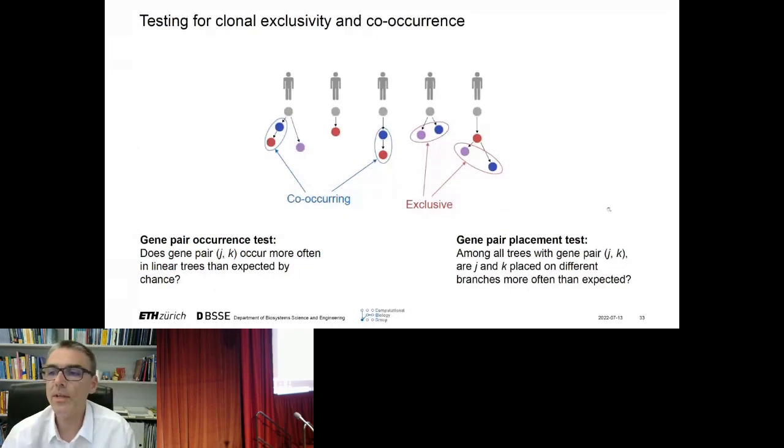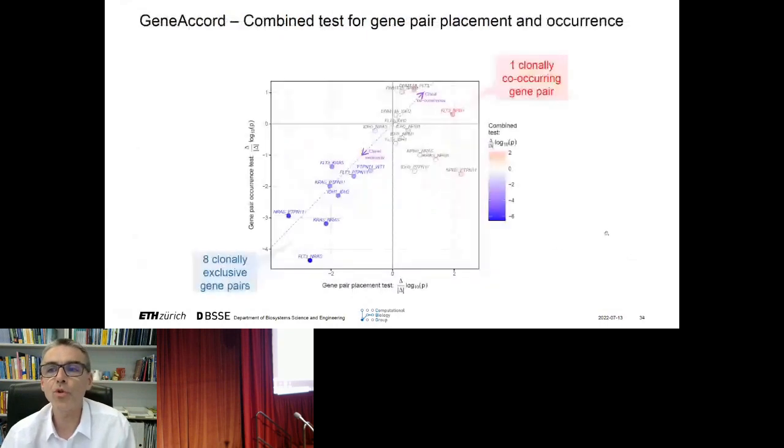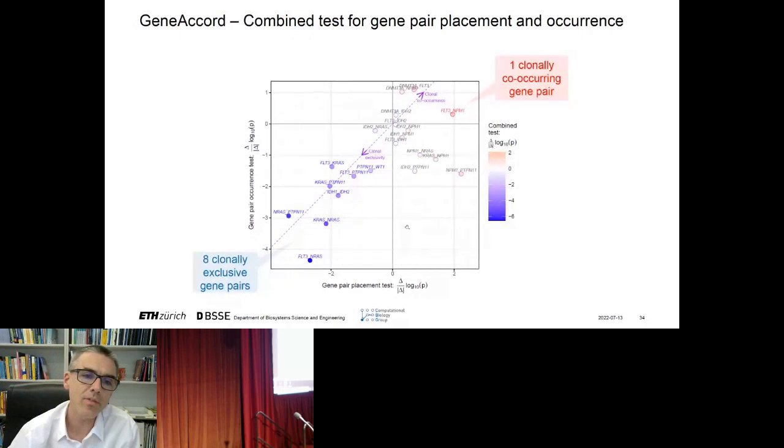Now, these tests can be worked out, the combinatorics can be worked out, and I'm showing you right away the result of this analysis, which combines the two tests. On the y-axis is the effect of the gene pair occurrence test, and on the x-axis, the gene pair placement test.